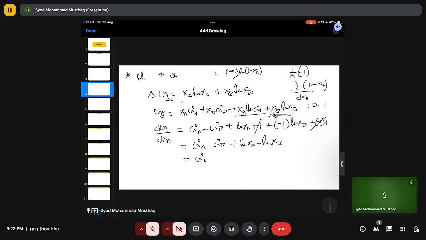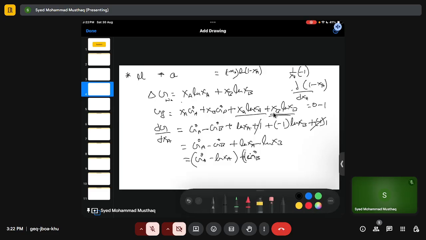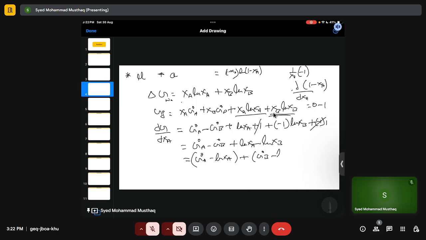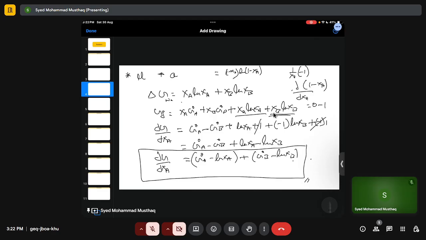G naught A plus ln XA will be one term, and plus G naught B minus ln XB. Now let's remember this as equation 1.